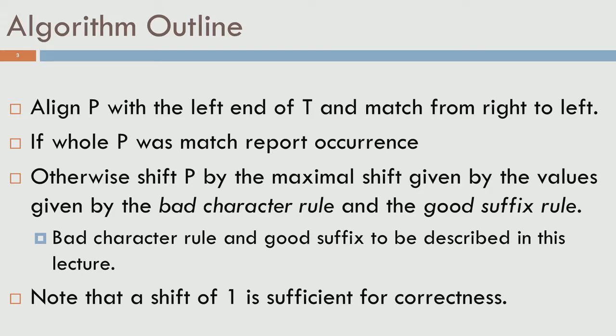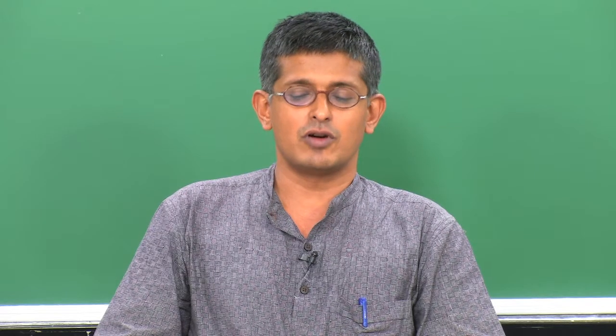And this lecture is to basically describe to you the details of the bad character rule and the good suffix rule and also show you an implementation of it. The running time analysis is not done in this lecture. On the other hand, a formal implementation is discussed.